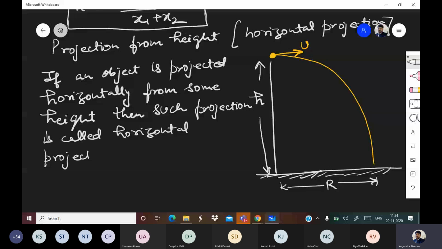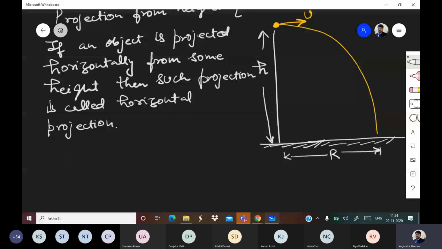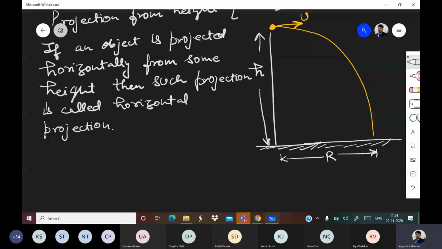So basically, object should be projected from some height and with some velocity.